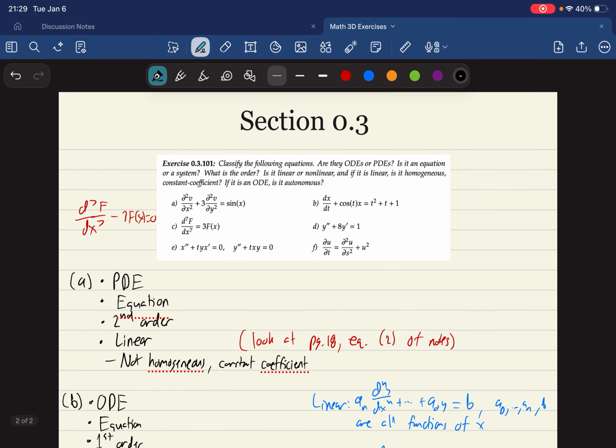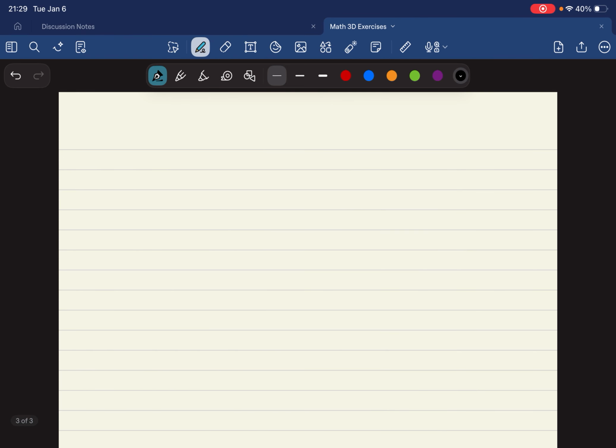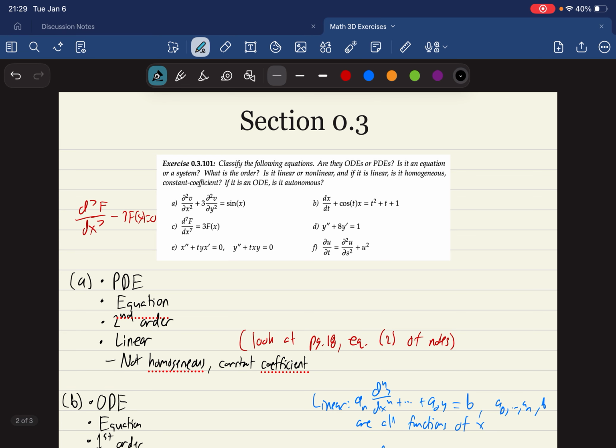All right. So now this gets us to part E, and I'm going to add a page for this. Here we only have derivatives of functions of a single variable. That's what the primes denote. So this is an ODE, and it's a system of ODEs, actually.